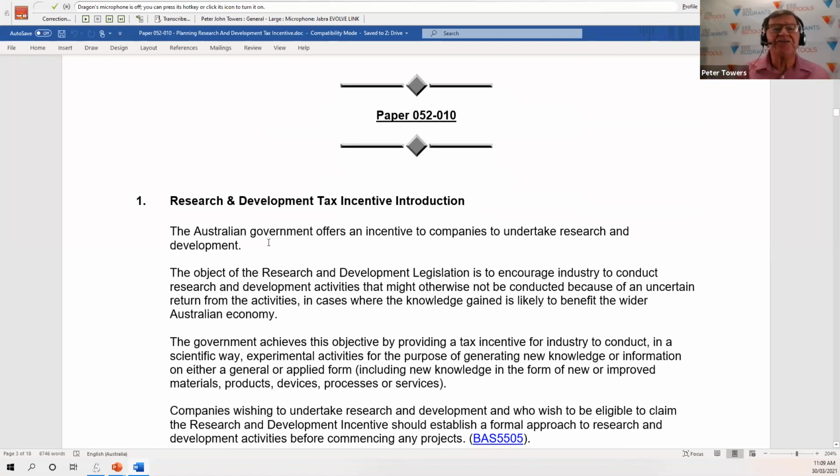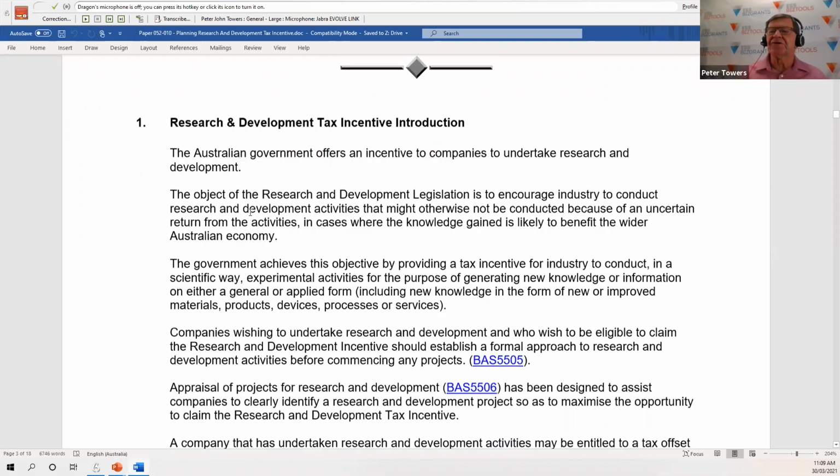You can understand their research and development activities, help them get the research and development incentive rebate by complying with the legal requirements, and then grow with the clients. Perhaps you can later take them into a grant like accelerating commercialization and even assist them to raise capital as an early stage innovation company. But that's down the track yet. We are currently looking at planning a research and development project.